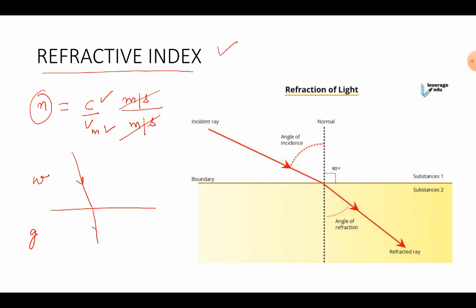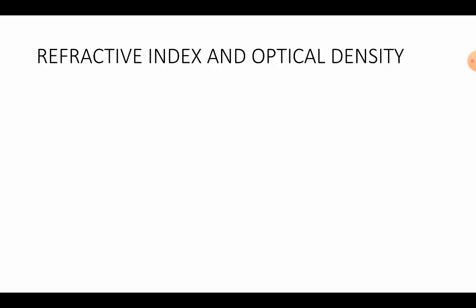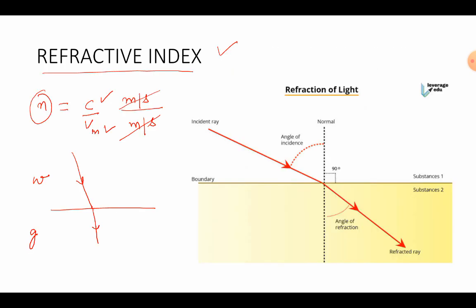So it will bend something like this, that is, towards the normal. Now what should be the refractive index? So in this case the ray of light travels from water into glass, so the refractive index will be the refractive index of glass with respect to water. This can also be written as refractive index of glass with respect to refractive index of water.